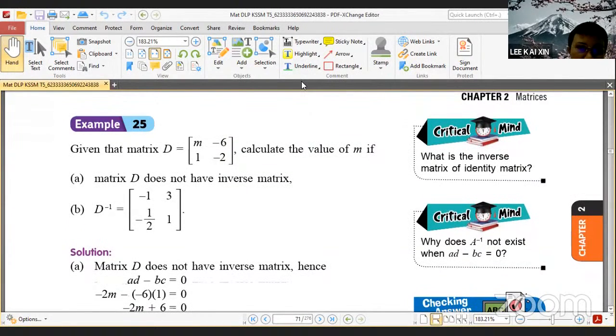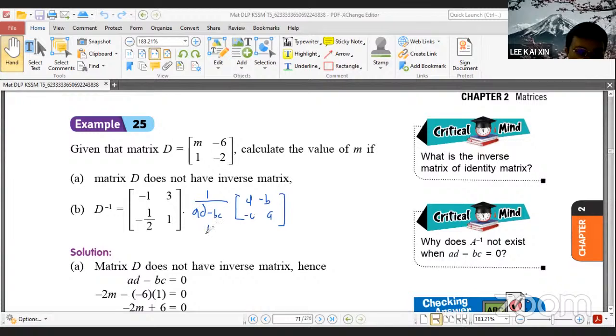Or you can use 1 over AD minus BC times AD, negative B, negative C, and you get your M.